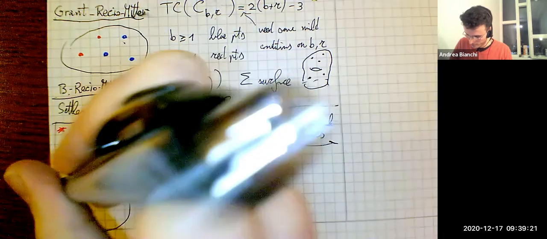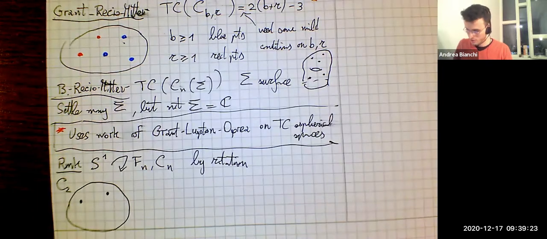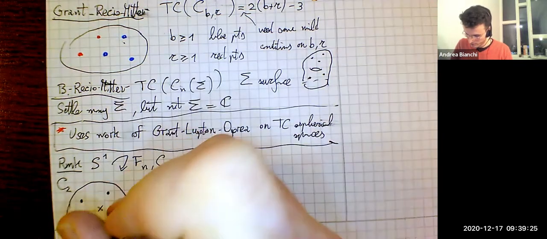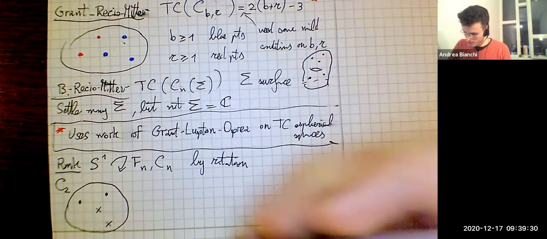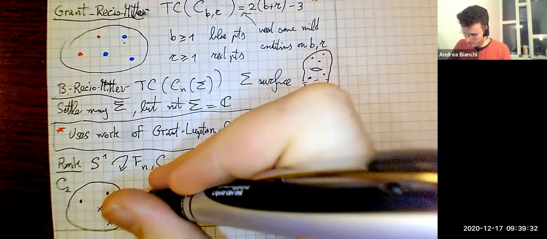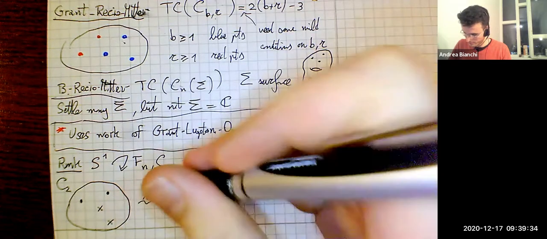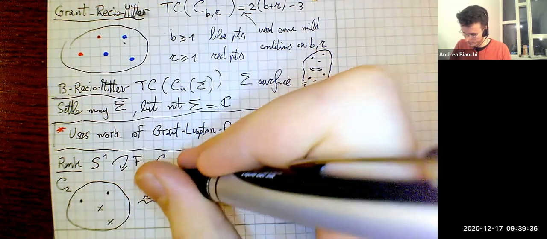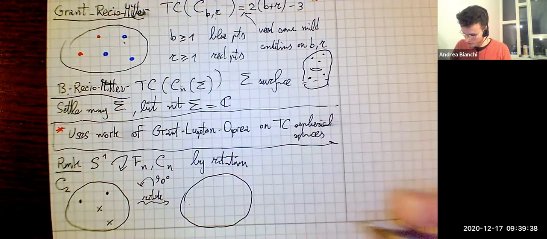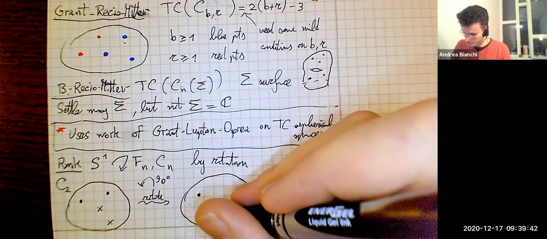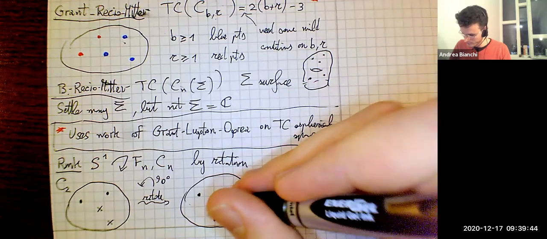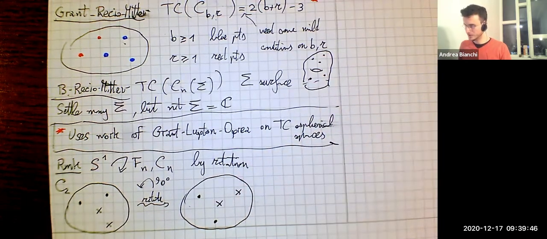Let me work in the space C2. So suppose this is a configuration and this is another configuration. I can rotate both of them, let's say by 90 degrees, and I should obtain this picture, right?